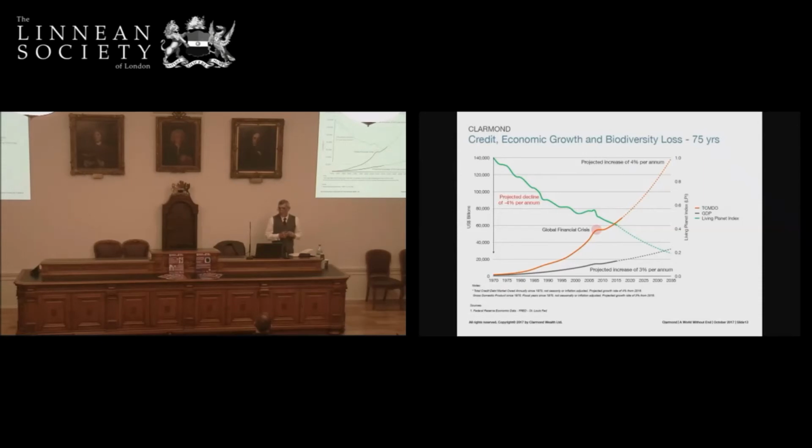Today that number is 68 trillion. So I'll repeat that: it's gone from 1.5 to 68 trillion. And if you see that little bubble, that's the financial crisis. The financial crisis means that credit did not grow. The system requires growth, and when it doesn't grow, it gives you a crisis.